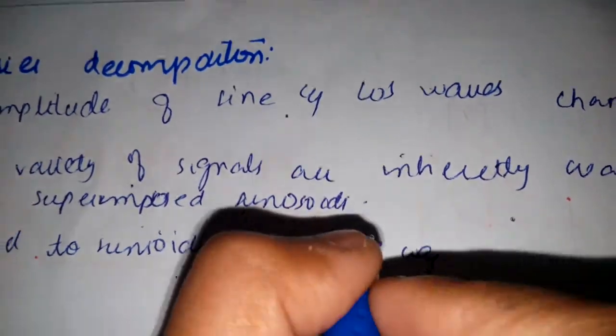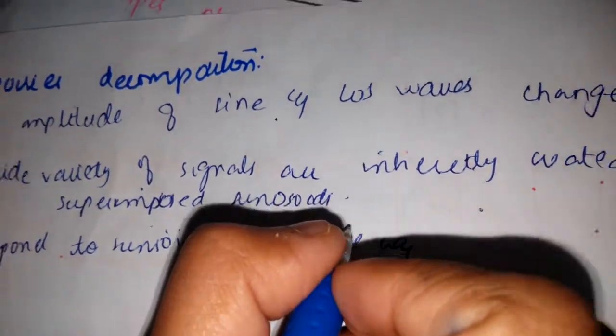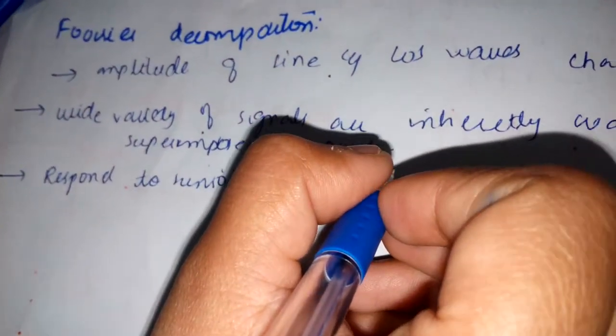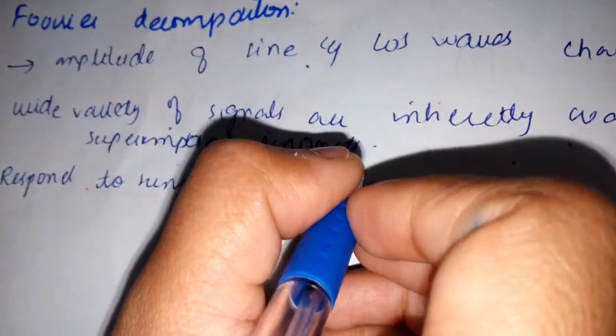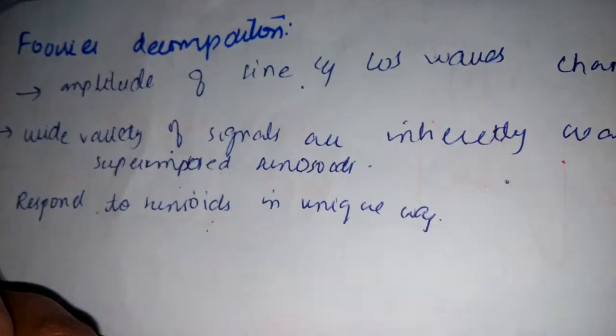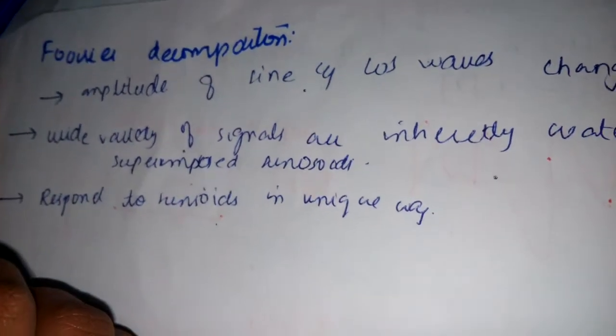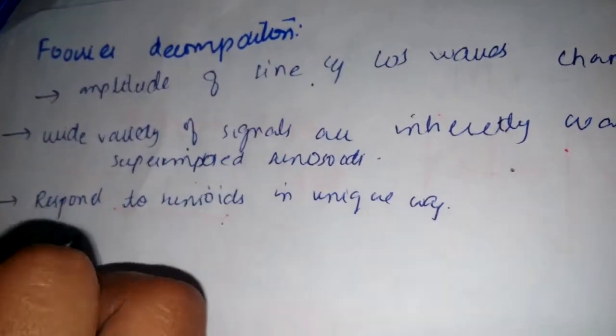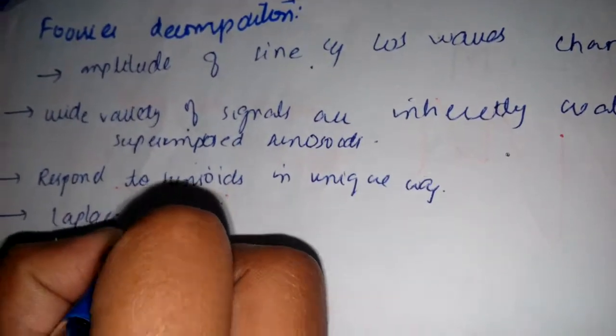Knowing how the system will react to sinusoids allows the output of the system to be found. Fourier decomposition is the basis for the broad and powerful area of mathematics called Fourier analysis, and in advanced stages it is called the Laplace and Z transform.